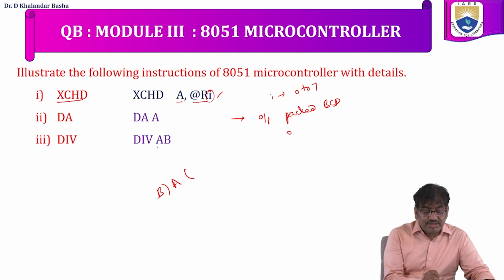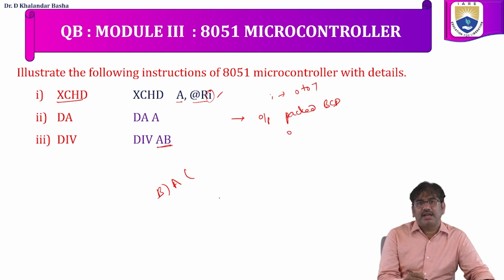For the division operation, registers A and B are not separated by a comma or space, whereas for the remaining instructions, a comma is used. For DIV, we write AB. After the division operation, the quotient and the remainder will be placed in the accumulator and B register respectively.